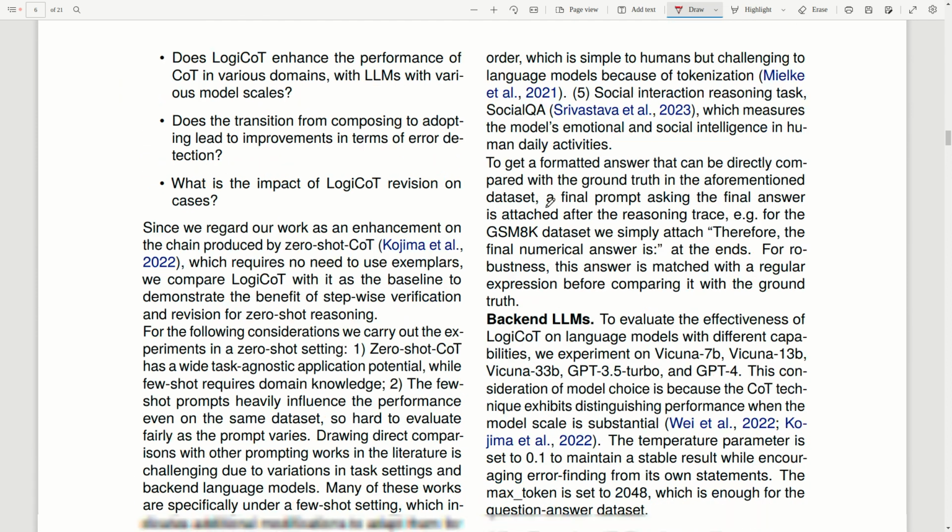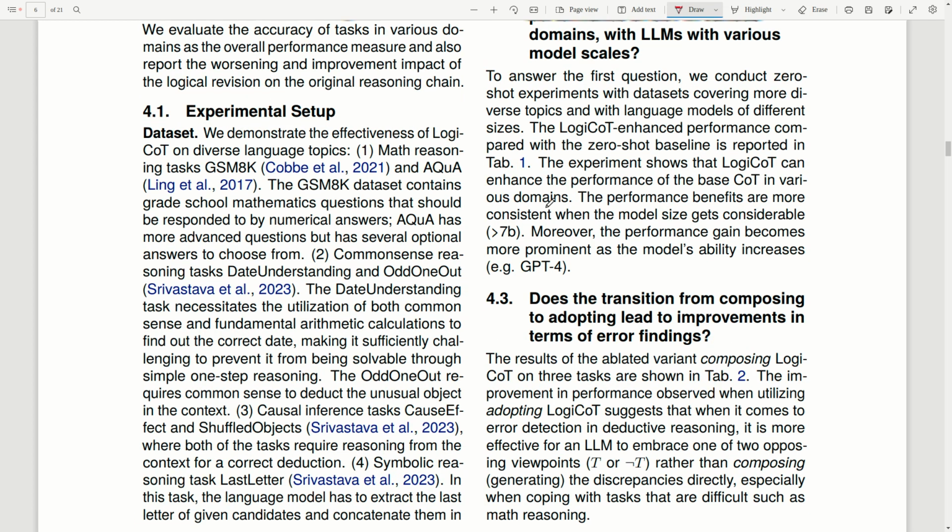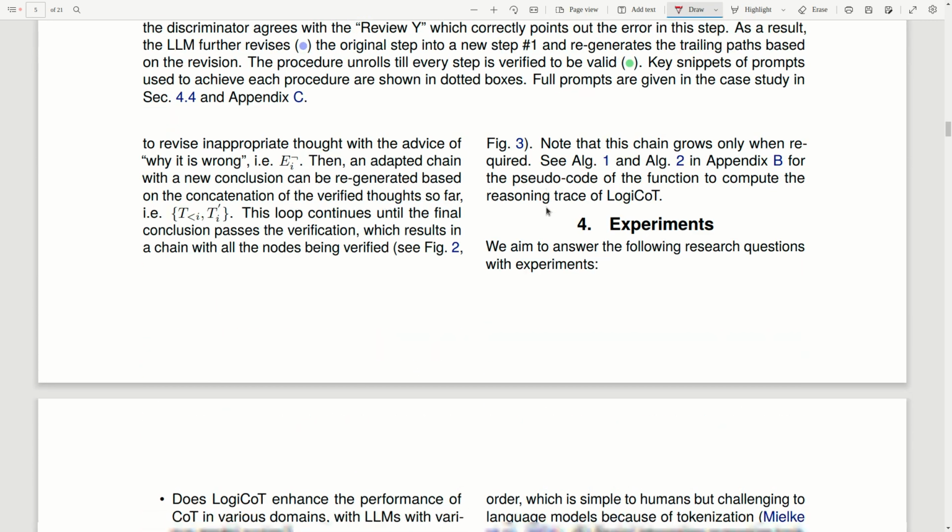So let's talk something about experiments.